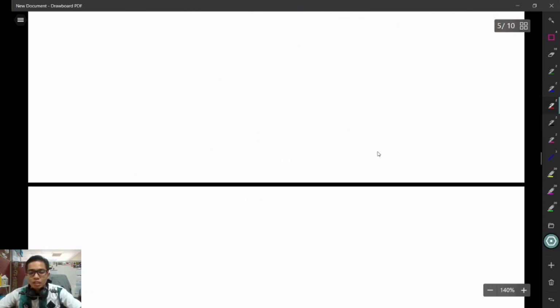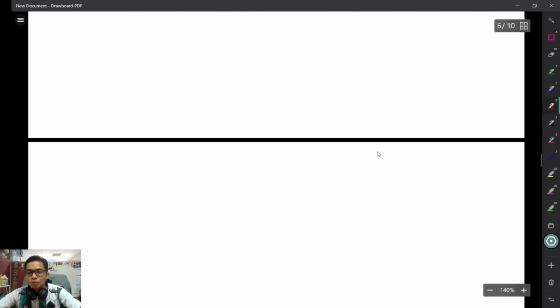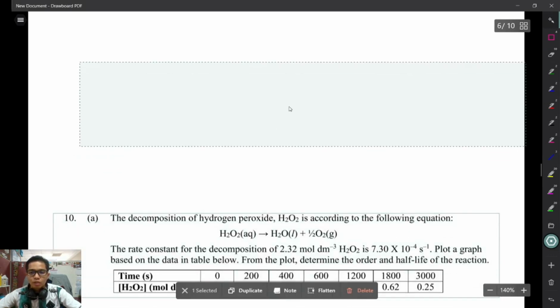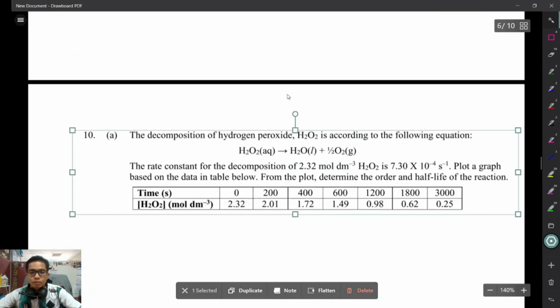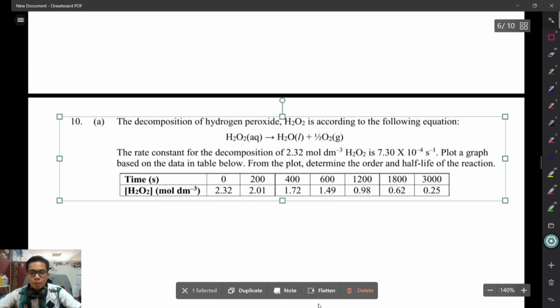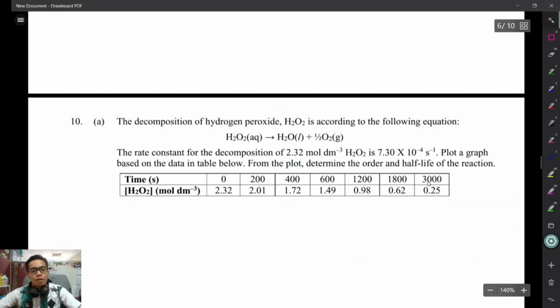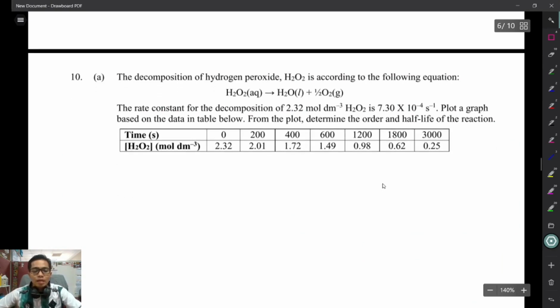Now we proceed with question number 10. These are all graphs. Number 10. A. The decomposition of hydrogen peroxide.